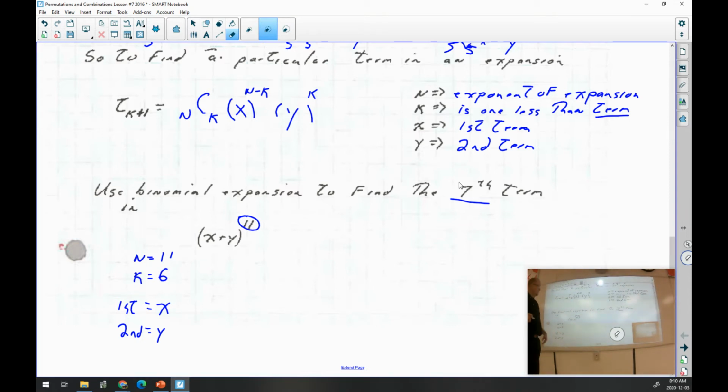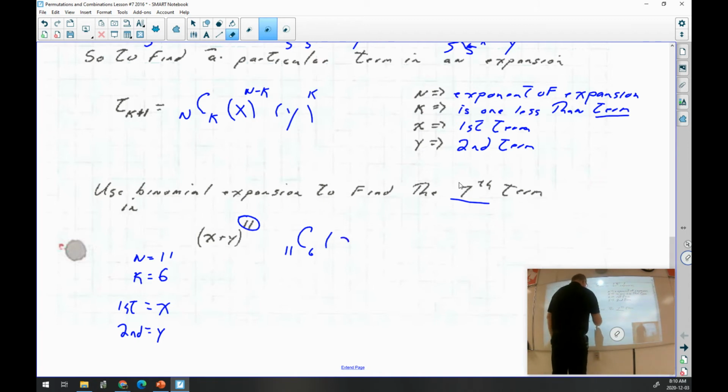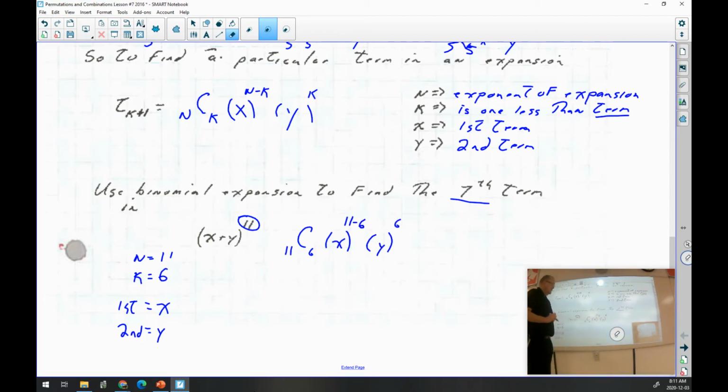So using this here, which is on your formula sheet, we have 11 choose 6, x to the power of 11 minus 6, y to the power of 6. Again, with our expansion x to the something, y to the something, these two exponents will add up to 11 when we're done.